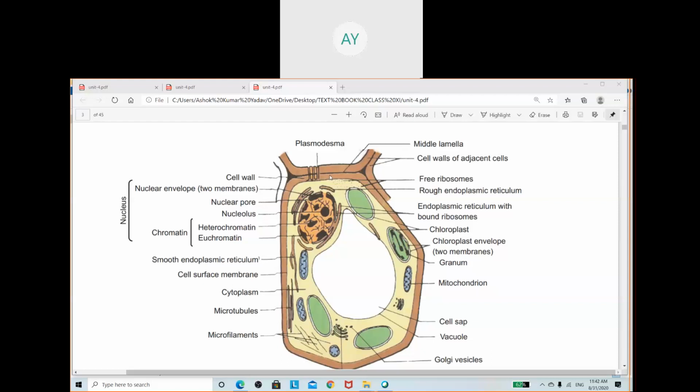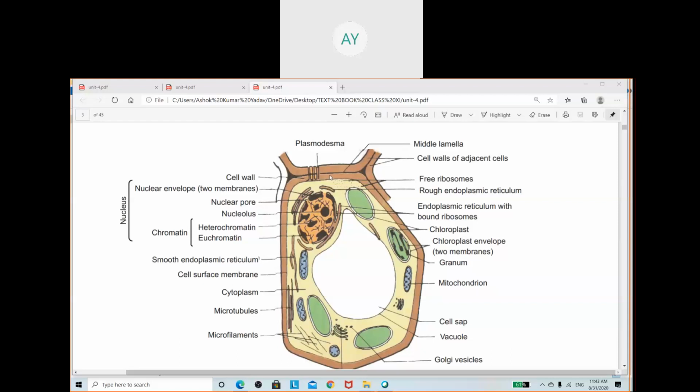It is not present in animal cells. It protects bacteria as well as plant cells from external injury. So it gives definite shape and protects from external injury. That is the function of the cell wall.